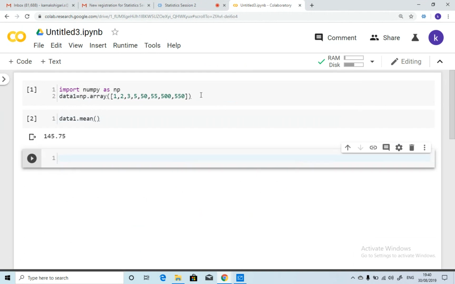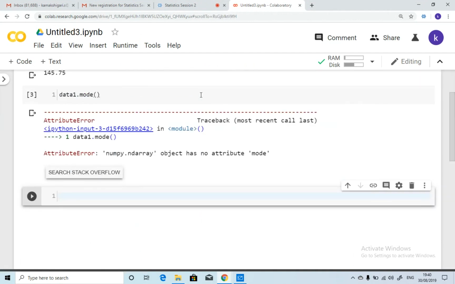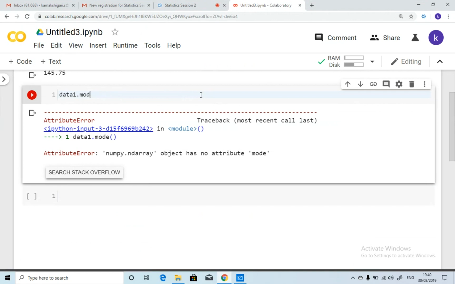I can get the mean value. Now data1 dot mode, I don't have the mode. We will see this with an example. Okay, wait.